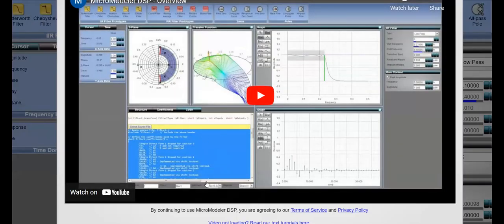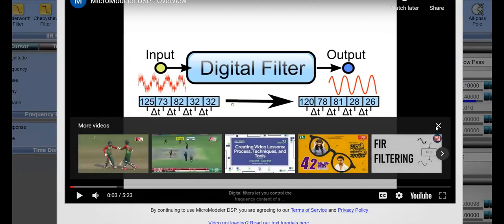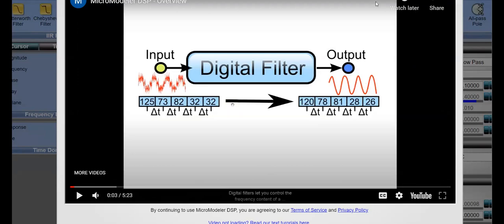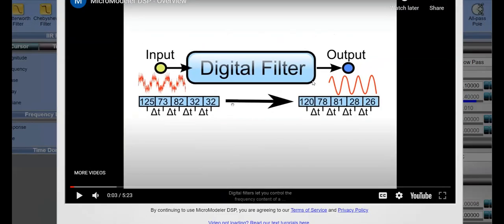So we can cancel it out. Just a moment. Facing some problem or issues there. Just a moment.